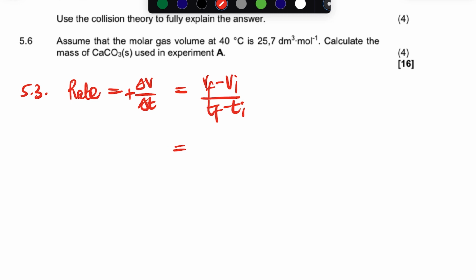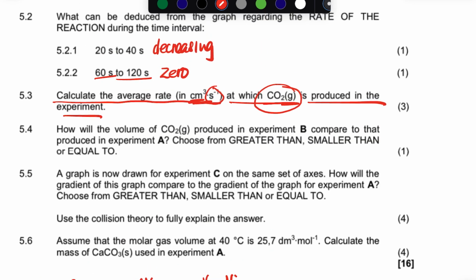V final is 500, V initial was 0, and T final was 60 minus 0. When you punch that in the calculator, you get 8.33 cubic centimeters per second. That's the rate at which the carbon dioxide is produced.